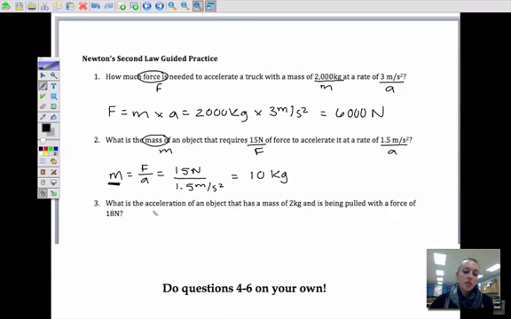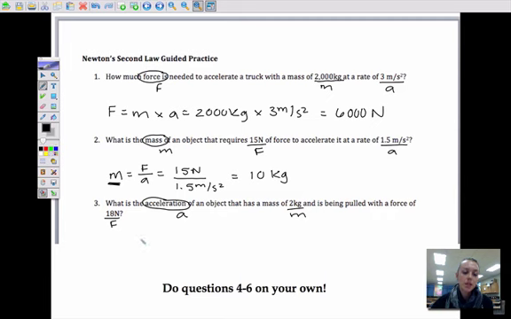For the third problem, it says, what is the acceleration of an object that has a mass of 2 kilograms and is being pulled with a force of 18 newtons? After reading the problem again, I'm solving for acceleration, which is denoted as a letter A, given a mass of 2 kilograms and a force of 18 newtons.